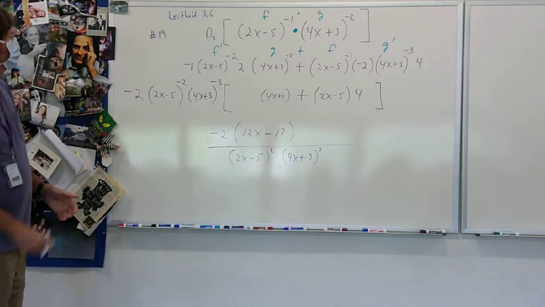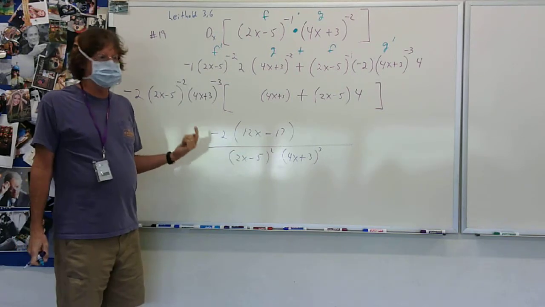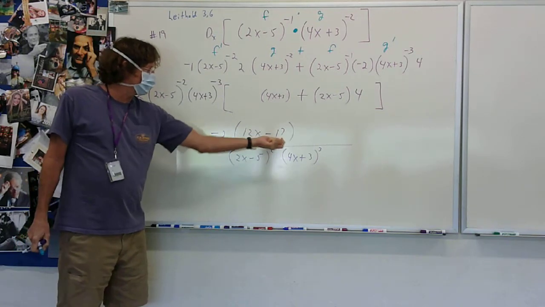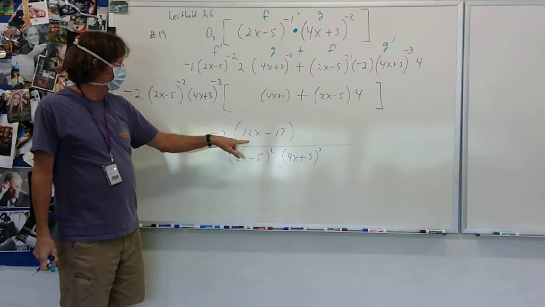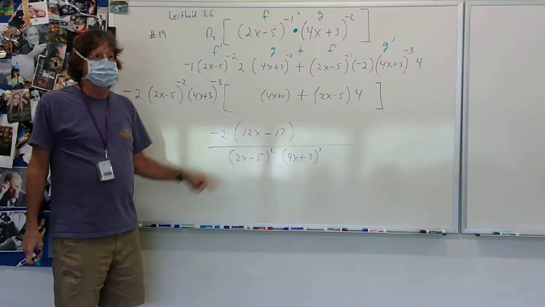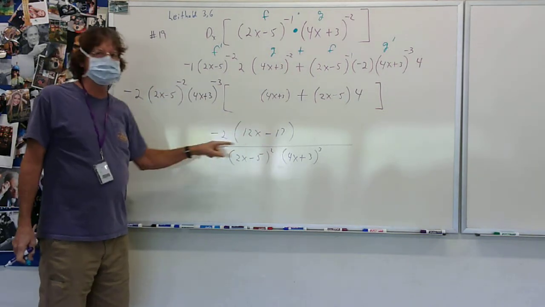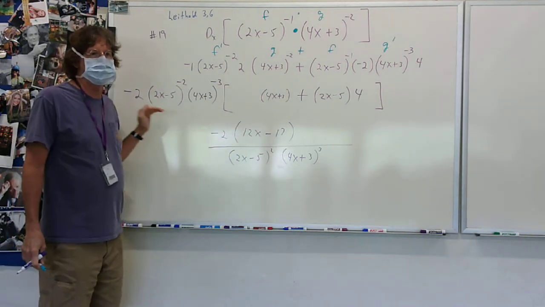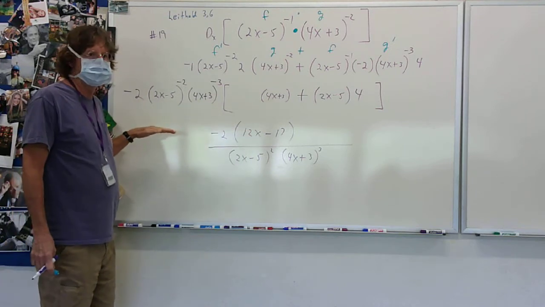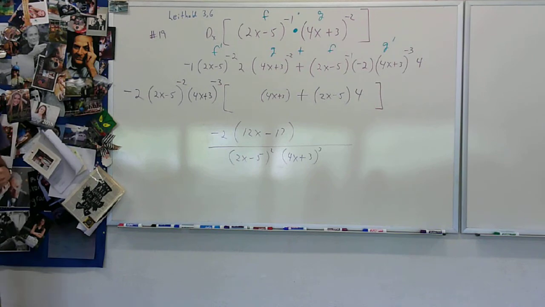And this would be very easy to work with, because if you set this equal to 0, you would set the numerator equal to 0, and that works out to be what? 17 over 12. Is that okay? See, you've got this now to where you can find where the derivative equals 0, where the slopes of the tangent lines are horizontal. You've got to that point. Pretty good? Is that a tolerable problem?